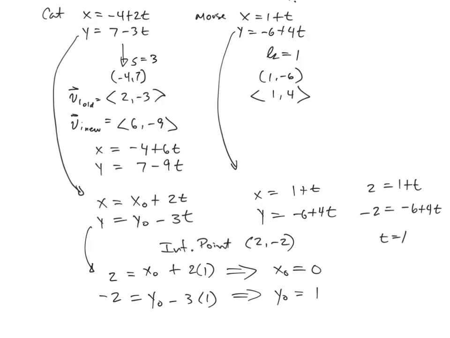Okay, that's just playing around with lines in 3D space, just so that you understand. Again, there are two pieces of information in that line: a point on the line, and a vector parallel to the line.